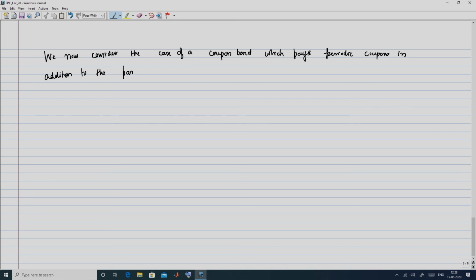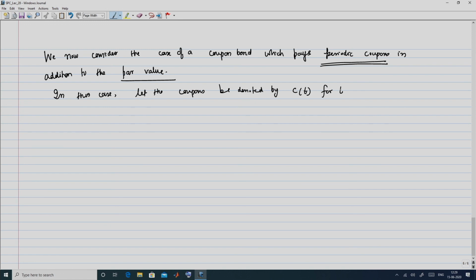So, in the 0 coupon bond you only had the par value, but now in case of coupon bonds in addition to the par value you will have periodic coupons. So, accordingly we need to have a notation for this coupon. So, in this case we let the coupons be denoted by C(t) for t equal to 1 all the way to capital T.